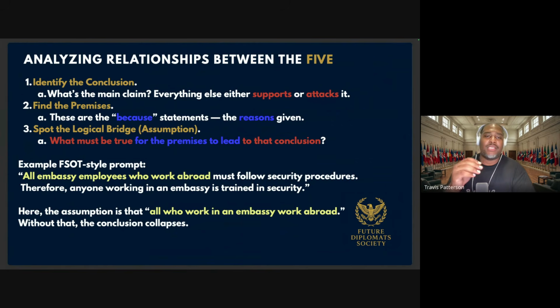So the hidden assumption here is that all who work in the embassy are also abroad. And if some employees work domestically, that reasoning doesn't hold. Something else to add there as well is you must assume that if they are an employee, then they are also trained in security. There's a lot of assumptions here.